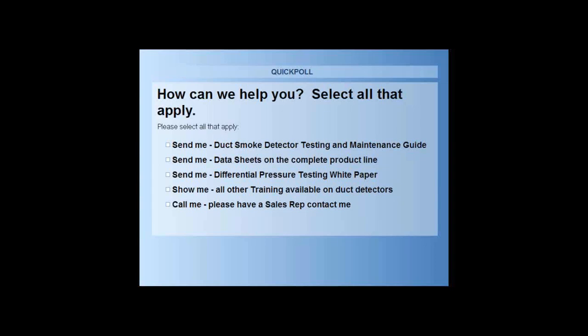Okay. I know this is a question that we get with some frequency. This question deals with the sampling tubes. If they want to drill, or feel they have a requirement to drill, additional holes in the sampling tubes, does that violate the UL listing on the product? No, actually it does not.